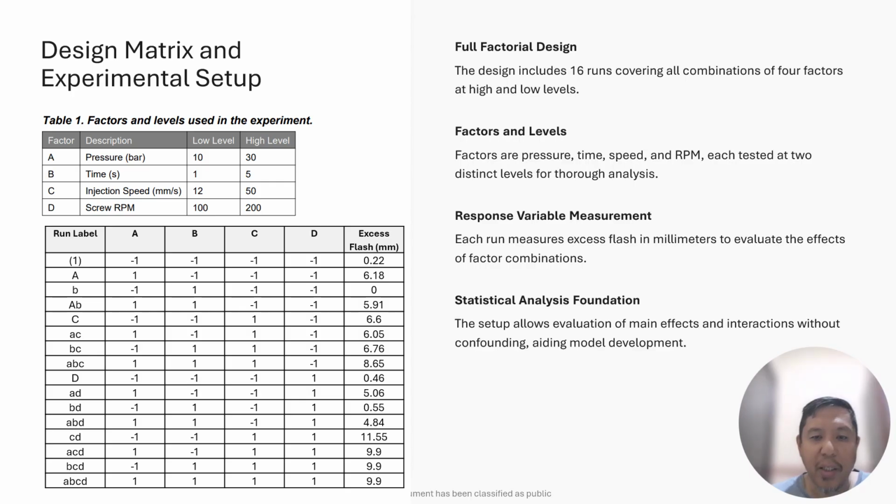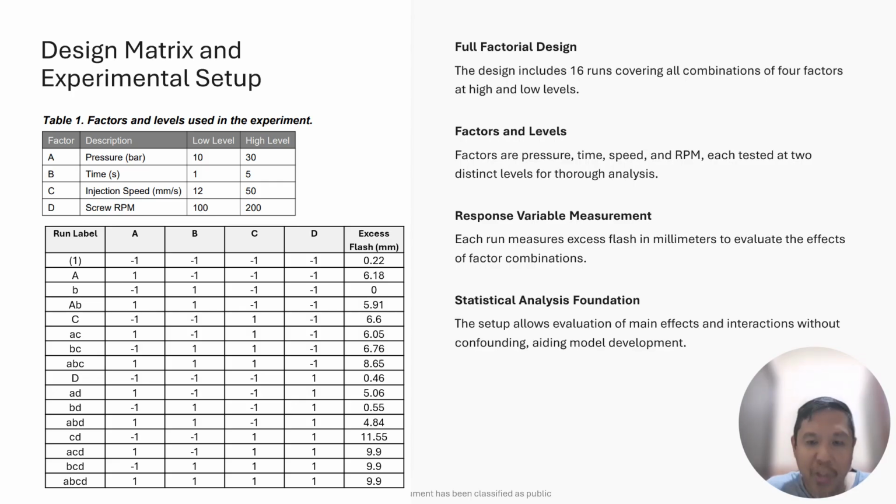As you can see, we have set up the factors we studied at their low and high settings. A is the injection pressure, B is the pack and holding time, C is the injection fill speed, and D is the screw rotation speed in RPM. These ranges were chosen based on our engineering knowledge.